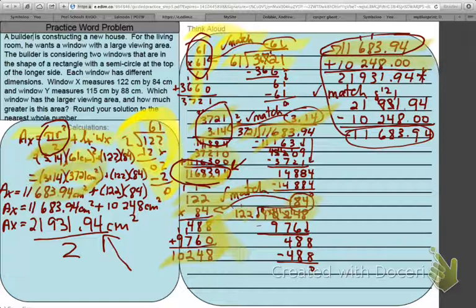So 21,931.94 divided by 2. I believe the answer is going to be a little bit low. What do you think?